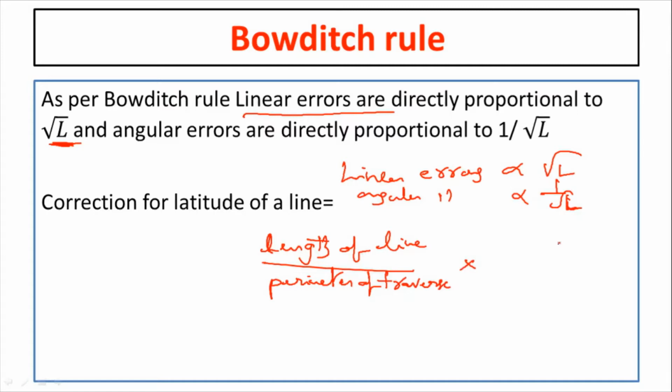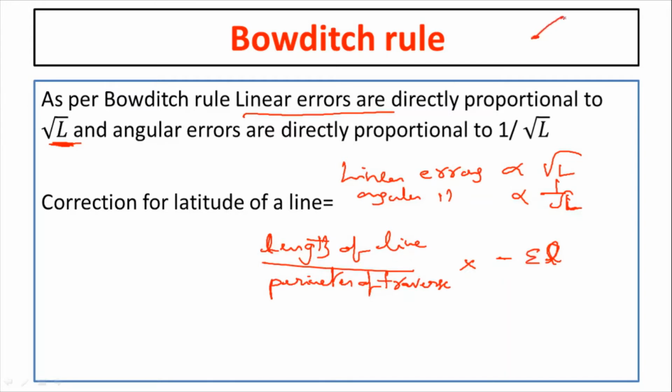If you add the length of all the 5 lines, then you will get the perimeter. And already you know the length of the line. So minus sigma L is the total correction you have to distribute. But for each line, how much you have to distribute is length of line divided by perimeter of traverse.